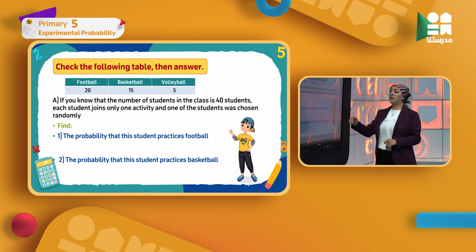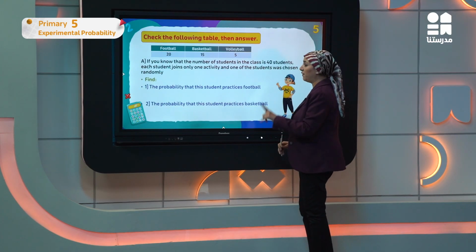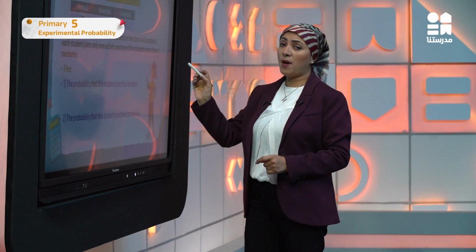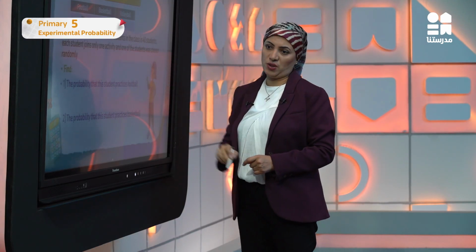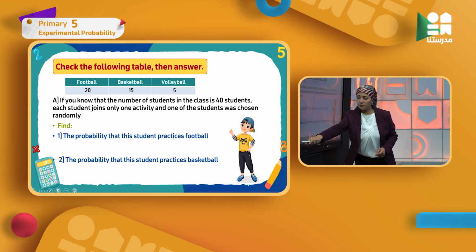So here, the probability that this student practices football. How many students do I have practicing football? As you see here in the table, I have 20 students practicing football from a total of 40 students.